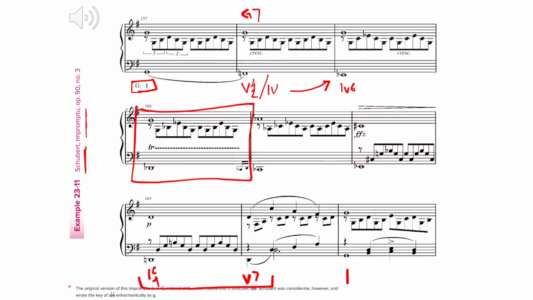After that, here we have a very interesting thing. In such situations, if you see a complicated chord, the first thing you should do is write the name of the chord, and it is an E flat 7. And after that we have an A flat minor.